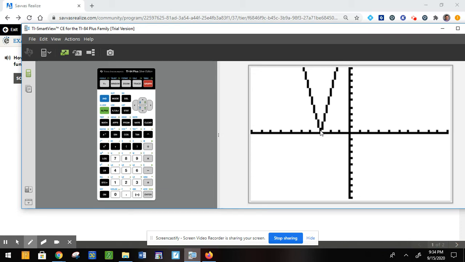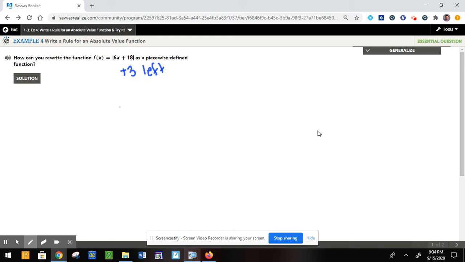But that's the part where the two pieces of the function are going to be split up. So for the domain, we're going to write the domain as an inequality instead of interval notation.